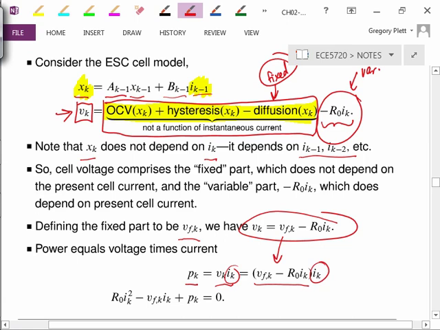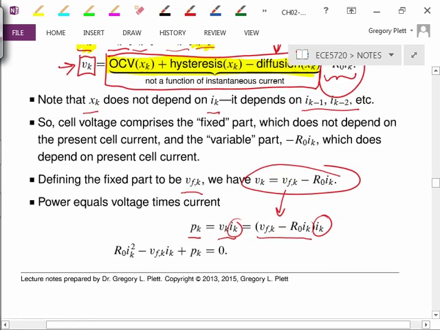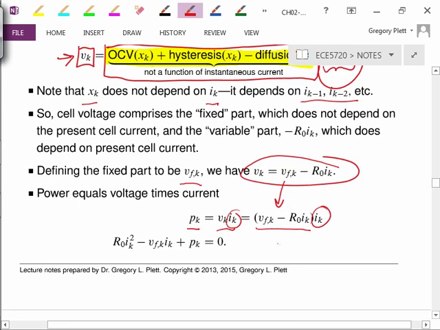I would like to solve this equation for the value of Ik that gives me P, the desired cell power. To do that, I rearrange the equation, bringing all of this stuff over to one side, so I get R0 I squared minus Vf I plus P equals 0.